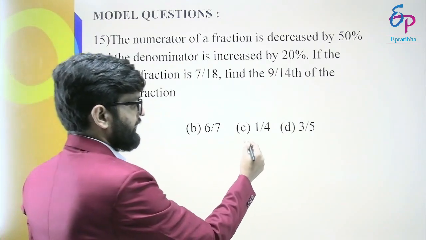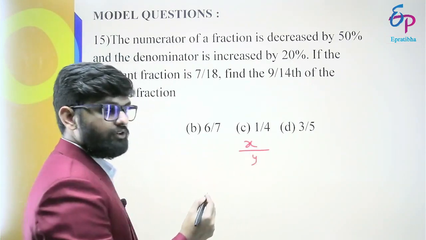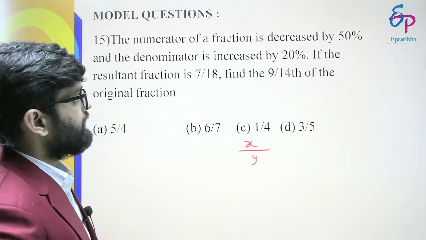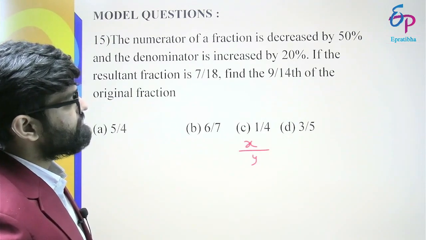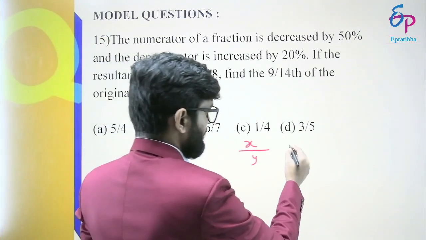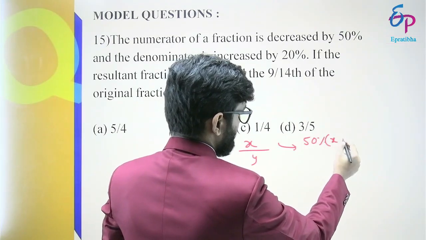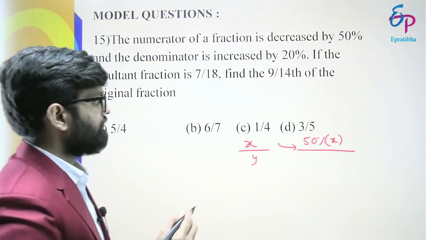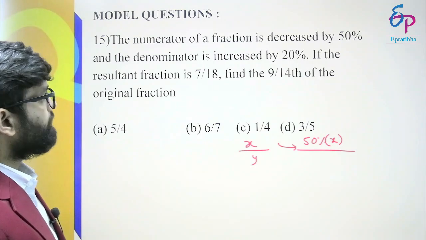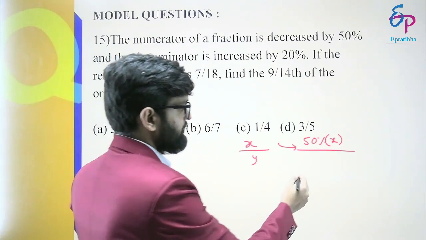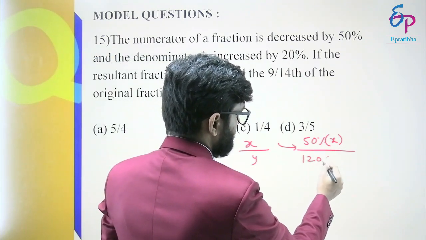So if you take the fraction as x by y, and the fraction is getting decreased by 50%, that means you have to write 50% of x now. The denominator is increased by 20%, that means you have to take it as 120%.